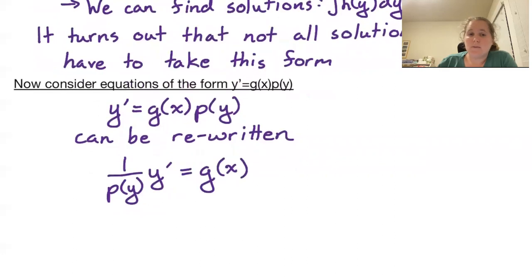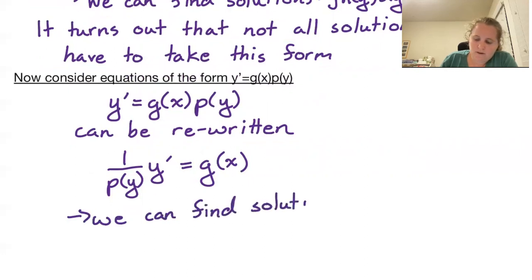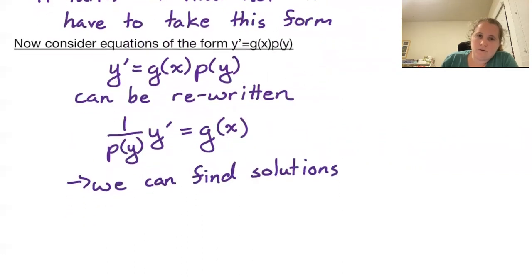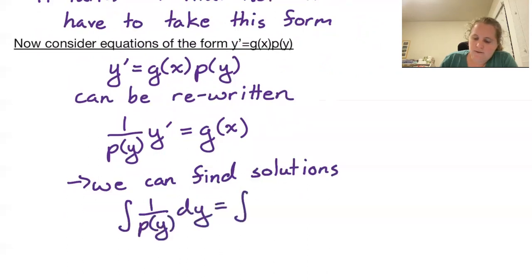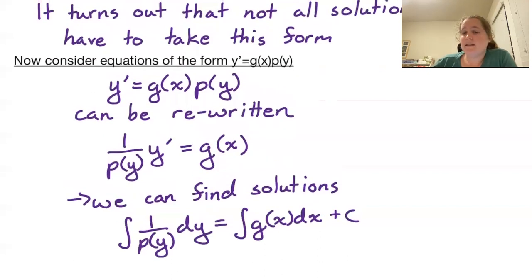And so as we saw previously, we can find solutions where we have the integral 1 over p of y dy is equal to the integral of g of x dx plus c. But in the rewriting from that first line to the second, we actually do lose a little information.